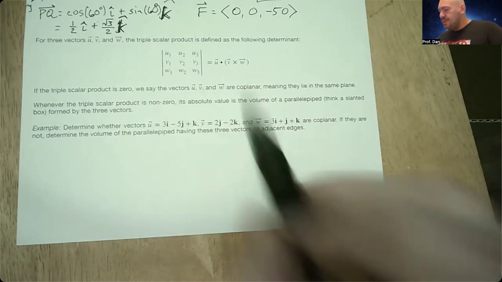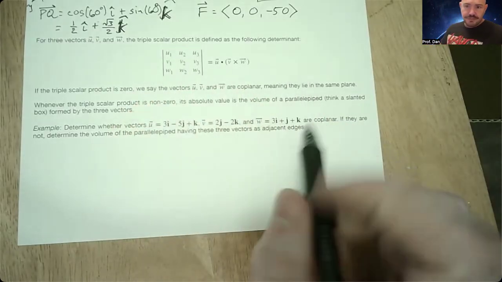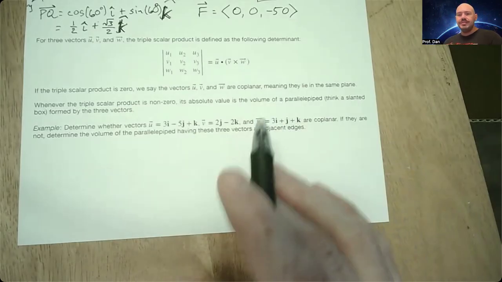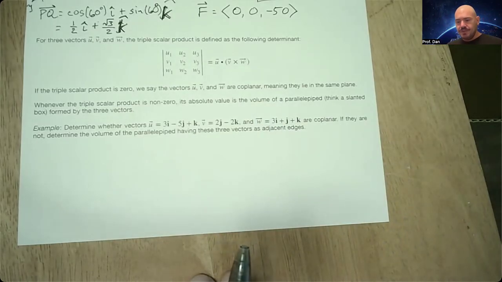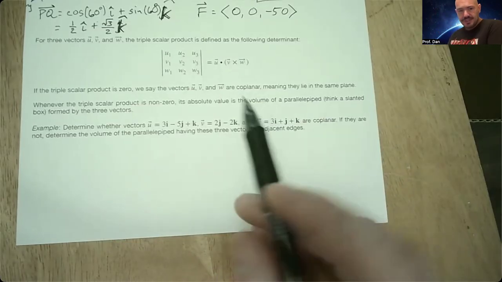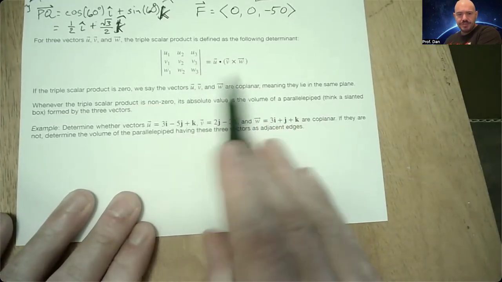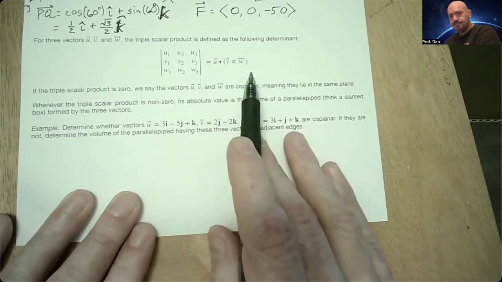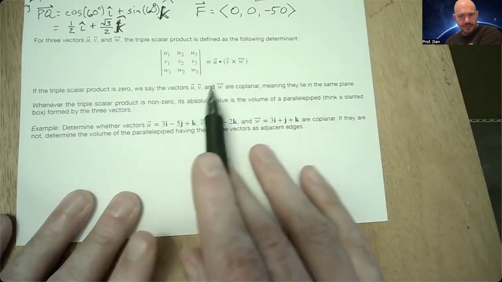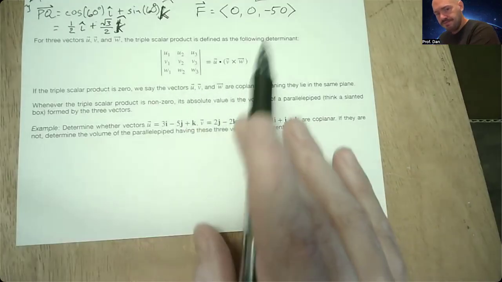So we can use this quantity called the triple scalar product to determine whether or not three vectors are in the same plane. If they are, what we'll notice is that this triple scalar product, which we have the formula for here, would be zero. So for three coplanar vectors, the triple scalar product is zero.